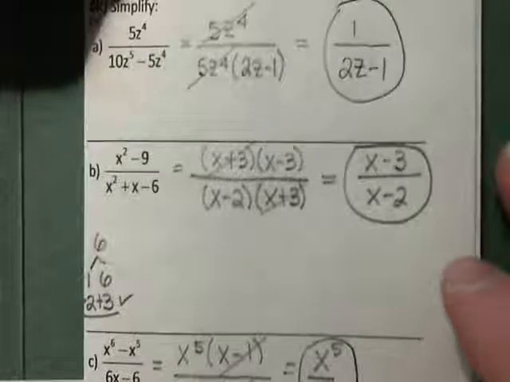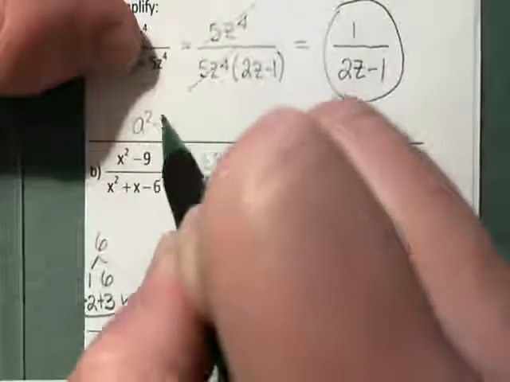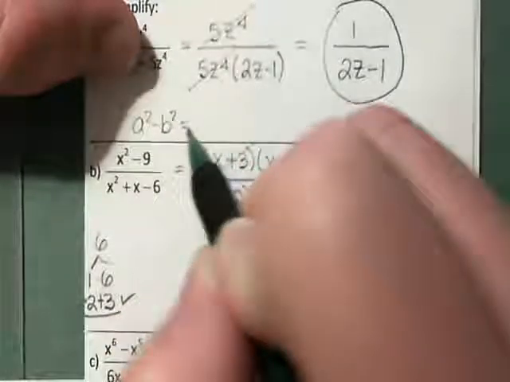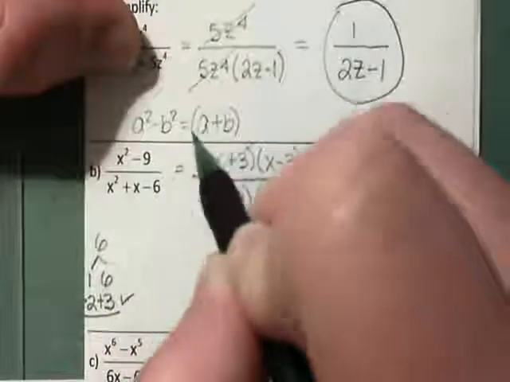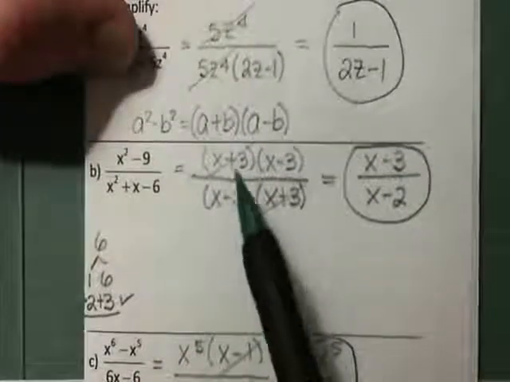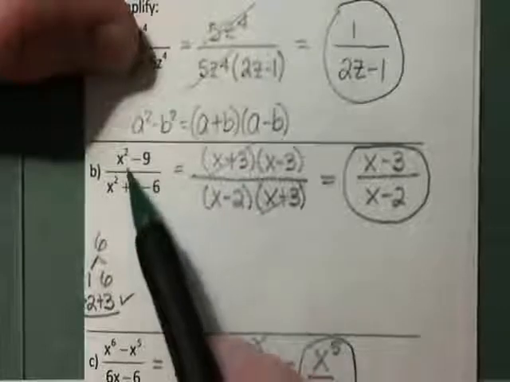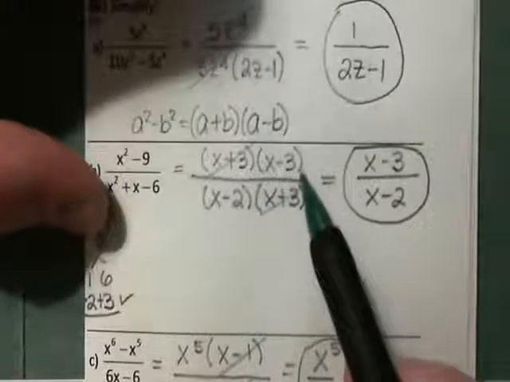Okay, on the bottom one, I notice again that I can apply that special rule, a squared minus b squared equals a plus b and a minus b. And as you can see, then this becomes x plus 3, x minus 3.